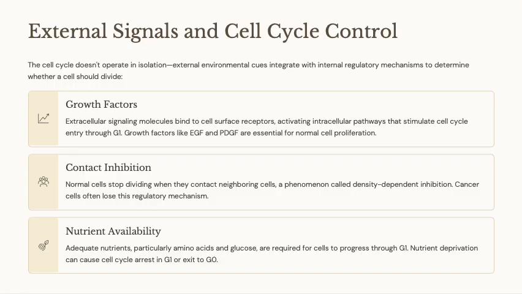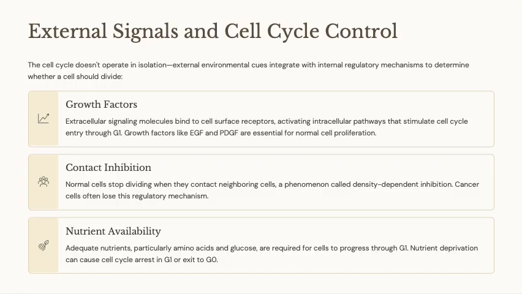These pathways stimulate cell cycle entry, particularly during the G1 phase. Growth factors such as epidermal growth factor or EGF and platelet derived growth factor or PDGF are essential for normal cell proliferation.